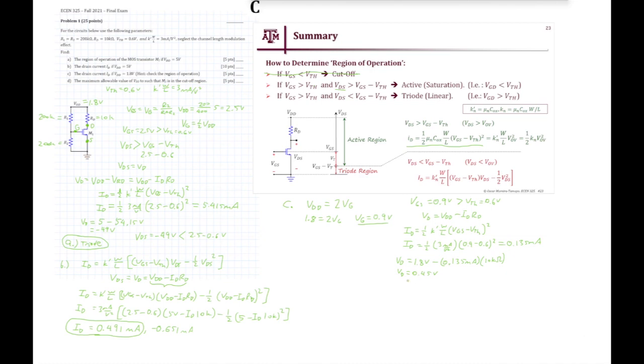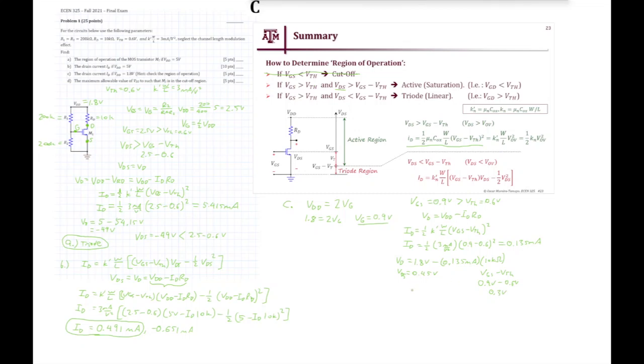And so our VDS value is 0.45 volts. And we need to compare that to our VGS minus VTH. Okay, so our VGS value is 0.9 volts minus our VTH, which is 0.6 volts, which is 0.3 volts.